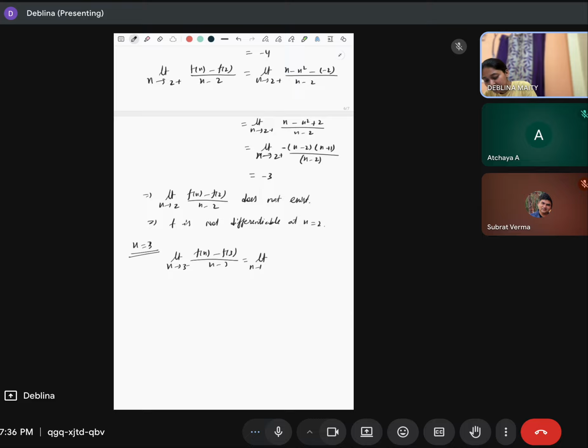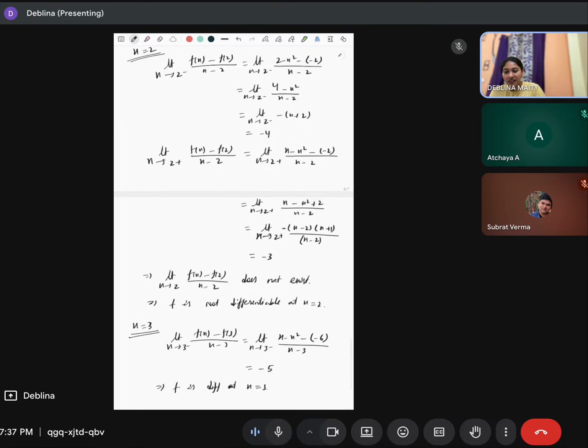This is x minus x square minus f(3), which is 3 minus 3 square, so 3 minus 9, so it is minus 6, by x minus 3, and we see that this value is minus 5, right? So it exists, so f is differentiable at 3, at x equals 3, because in that domain there is only one direction.